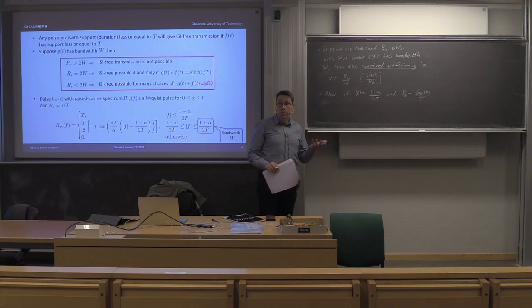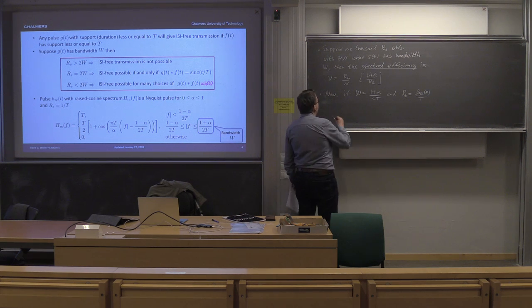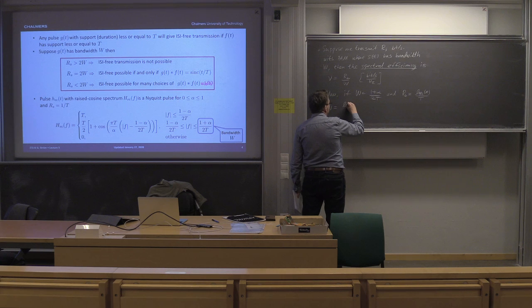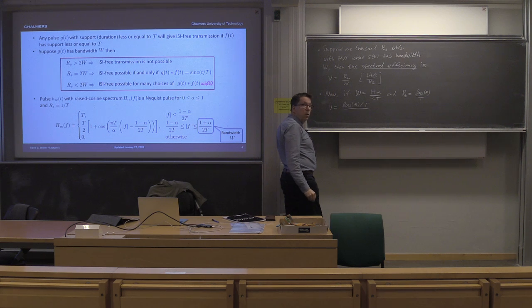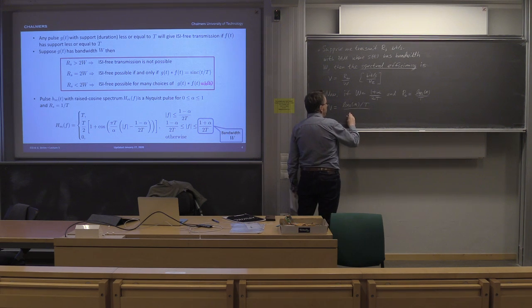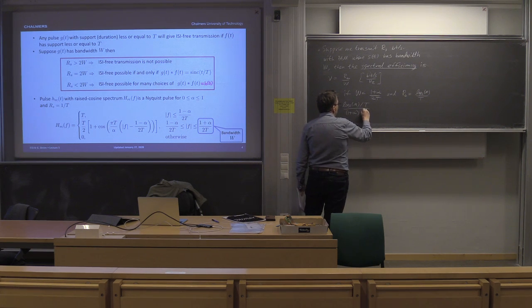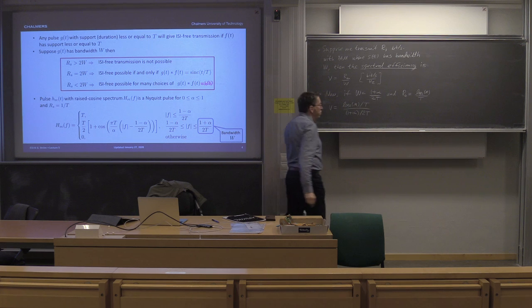So log 2 of M is the number of bits per symbol, and 1 over T is the number of symbols we transmit per second. Then the spectral efficiency we get simply by dividing these two. So it's log 2 of M divided by T, that's our data rate R_B, divided by the bandwidth, which is 1 plus alpha over 2T.